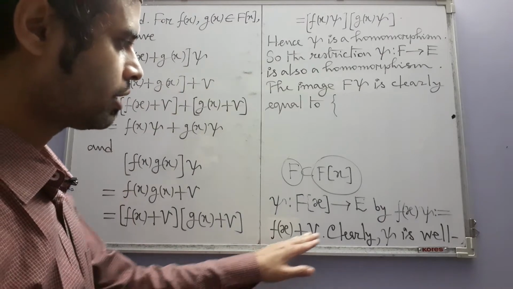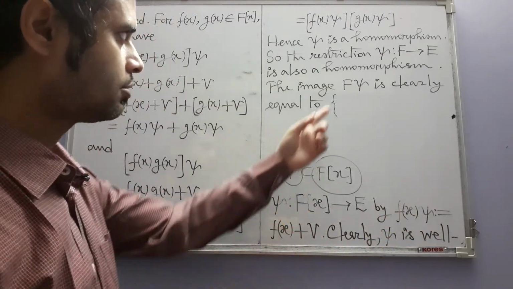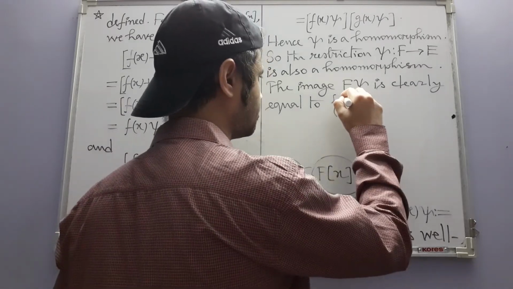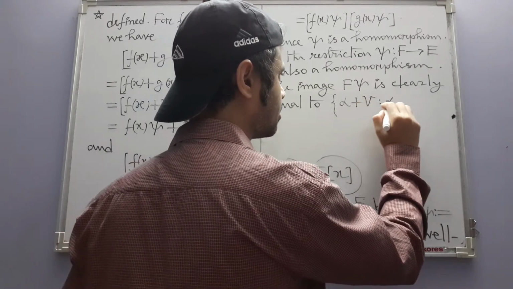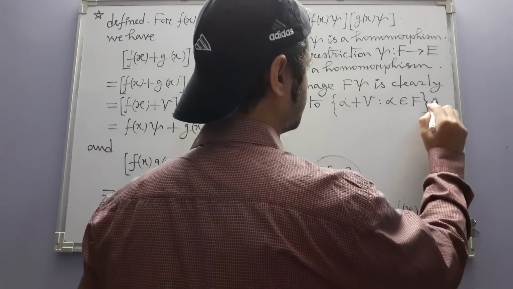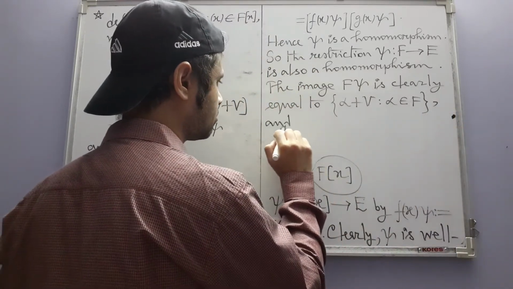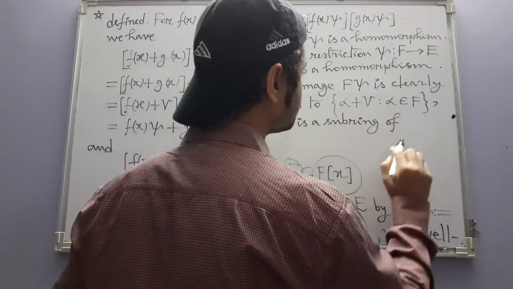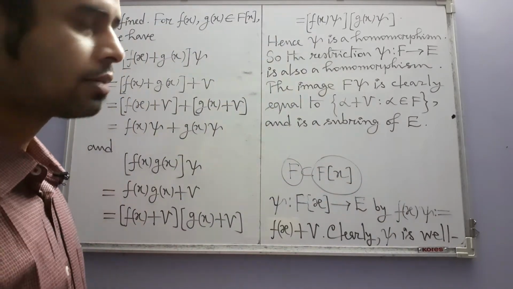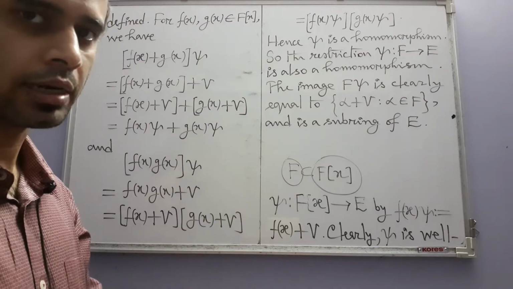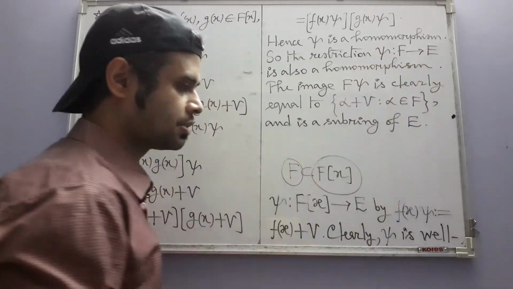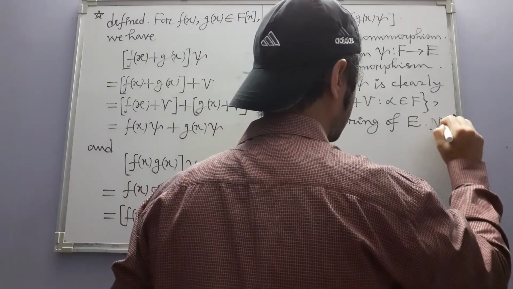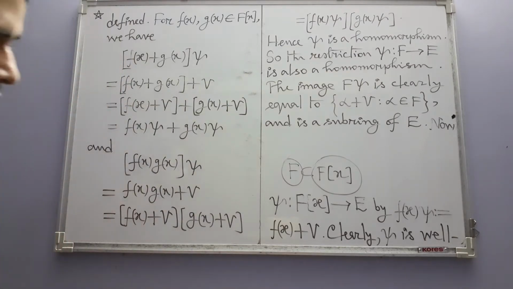We look at what psi does to the elements of F. The individual images of the elements of F will look like this: alpha + V, where alpha varies over the field, and this is a subring of E. We know that when we have a ring homomorphism from one ring into another, then the image of that homomorphism is a subring of the target ring.